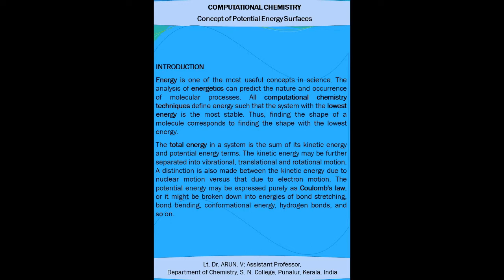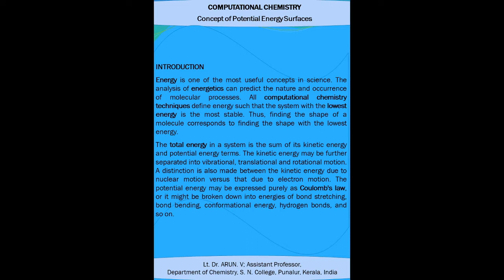The total energy in a system is the sum of its kinetic energy and potential energy. The kinetic energy may be further separated into vibrational, translational and rotational motions. There is also a distinction between the kinetic energy due to nuclear motion and electronic motion.